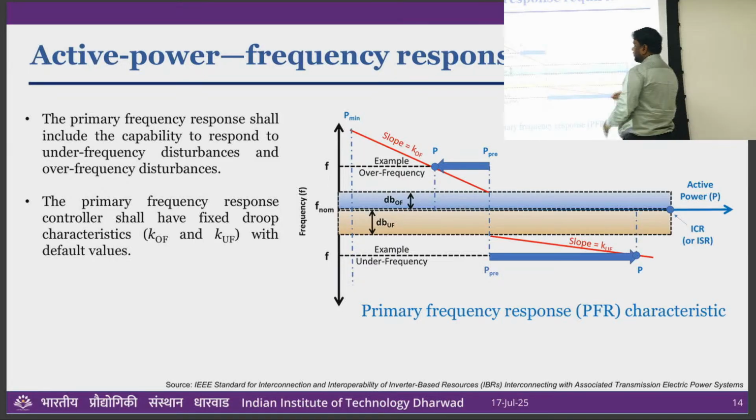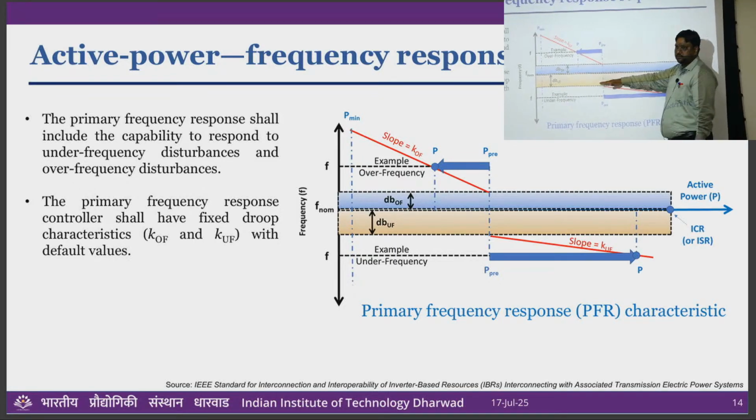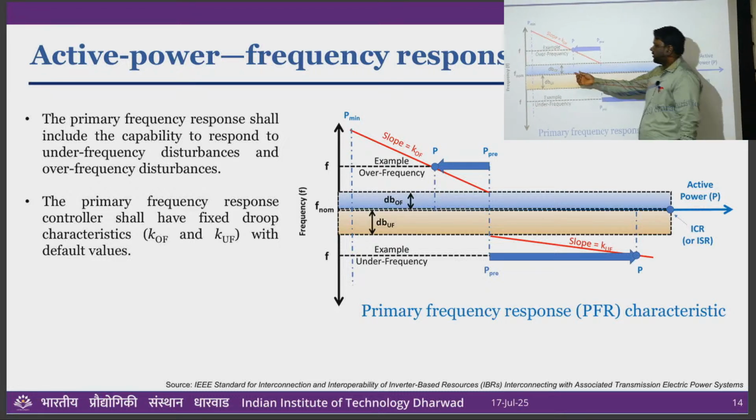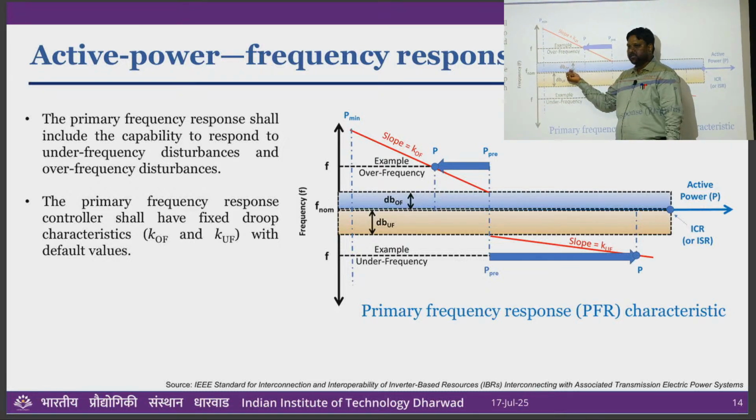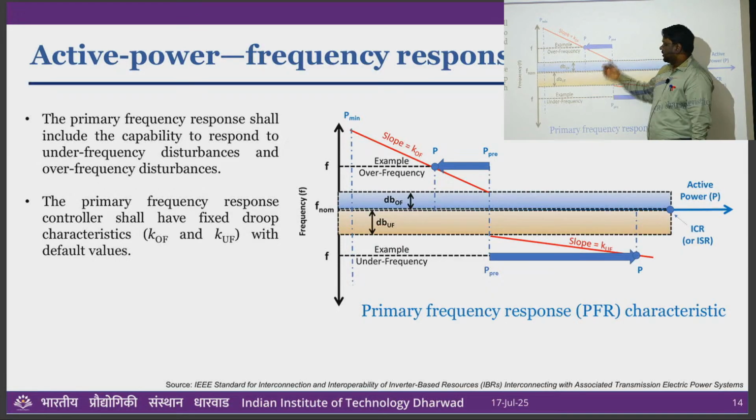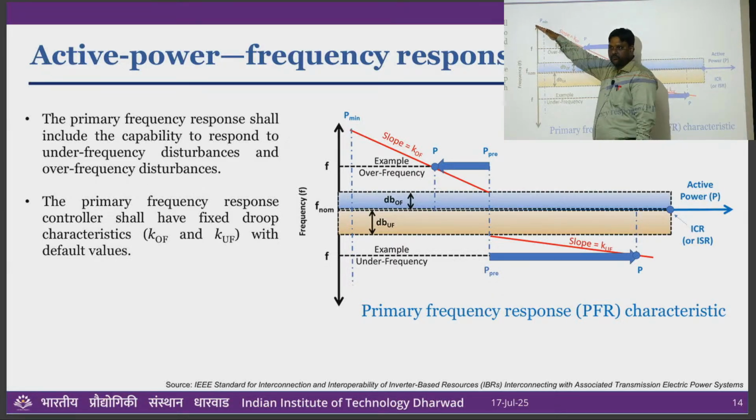But when you cross these dead zones, in the over frequency they called dead band over frequency dBOF, dead band under frequency dBUF. If your system frequency, again when I say frequency, it is at the POI point, not the inverter terminal point, POI point, goes above this or below this, then you have to follow this red curve.